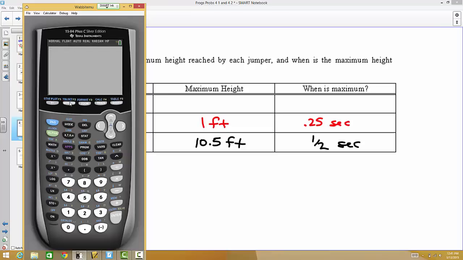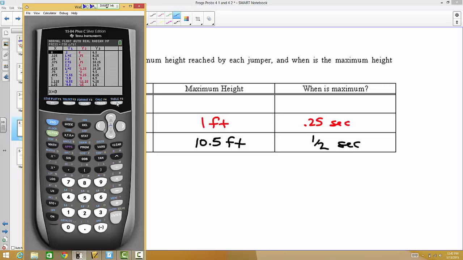So if you go to second window, we're still going to start at 0, but now we're going to count by half of 0.25, which is 0.125. So now we are 100% positive that the frog peaks right here, because every other point has a matchup of symmetry. That's how you're positive you have the vertex.